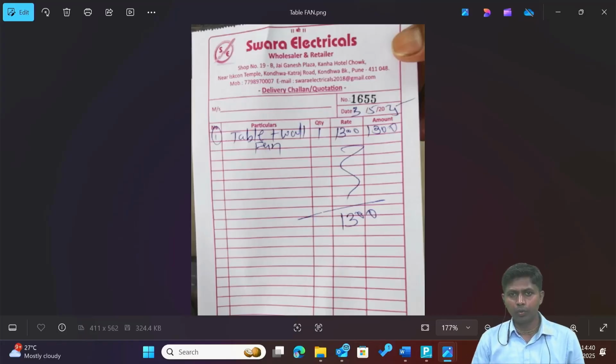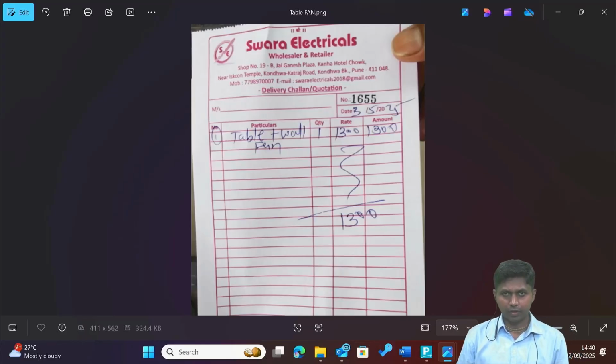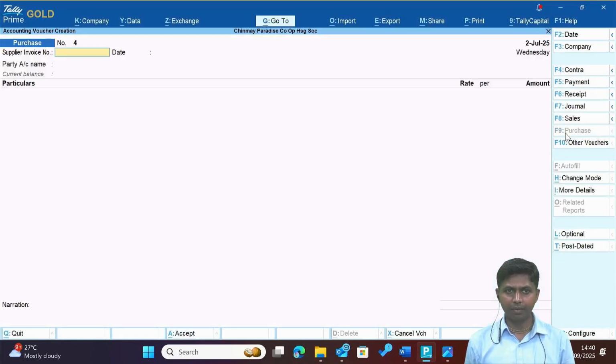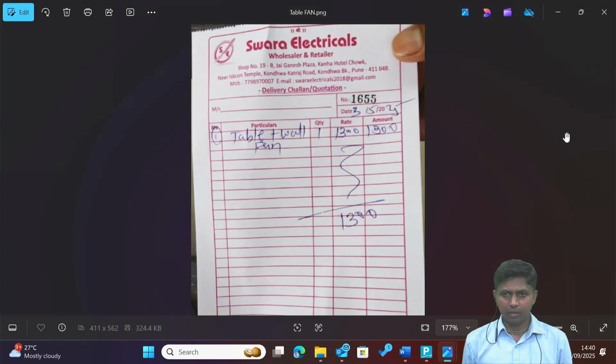Okay, now moving into the tally, I will record this bill in the purchase voucher type, in the tally software. Then first select the voucher type, let's say F9 button, and then whatever asked by tally, please provide that information. Now here we are not interested to record the items of this invoice.